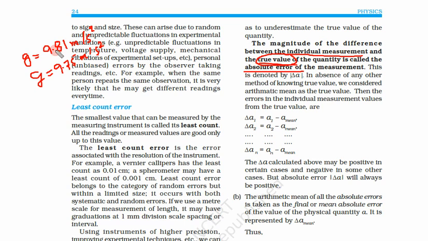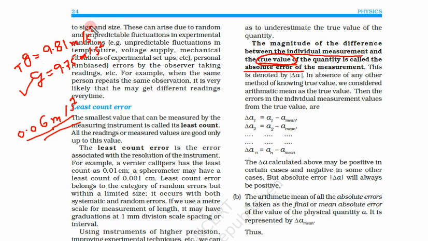We take the difference between these two values, the measured value and the true value. The difference is 0.06 meter per second square. See, the error has the same unit as the quantity. So this is the absolute error in the measurement of g.